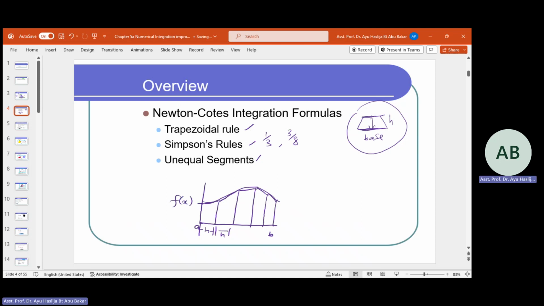At this point, this is the fx naught. Here, fx1. So this is unequal segment, where for unequal segment, we can mix the application of trapezoidal and Simpson. You can use both methods to calculate the area under the curve. Main target is to calculate area under the curve.